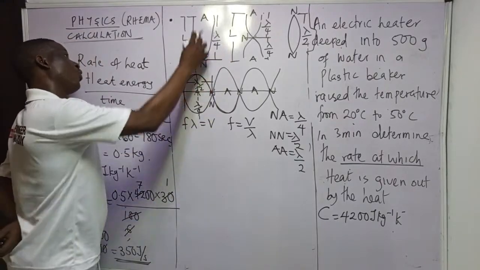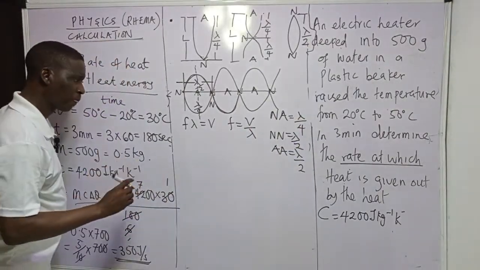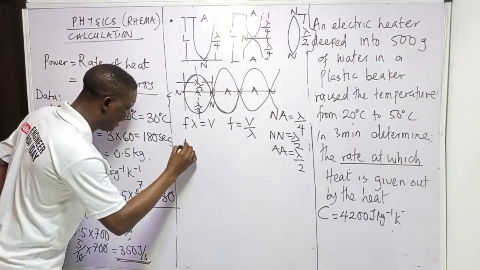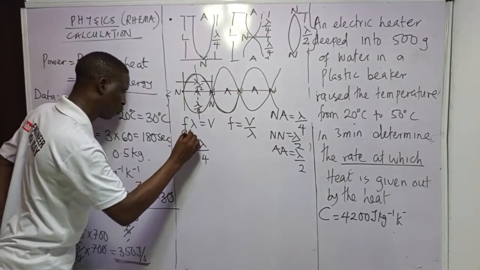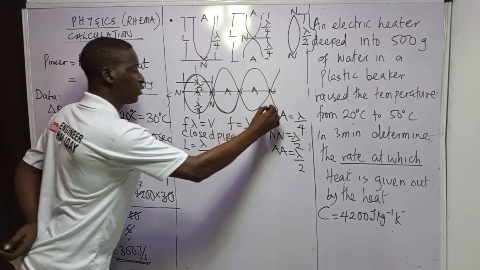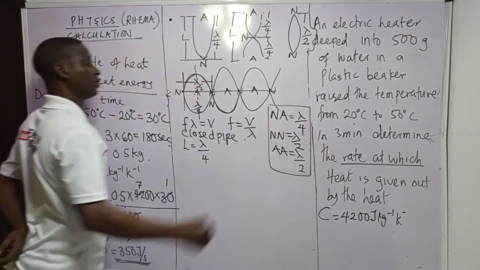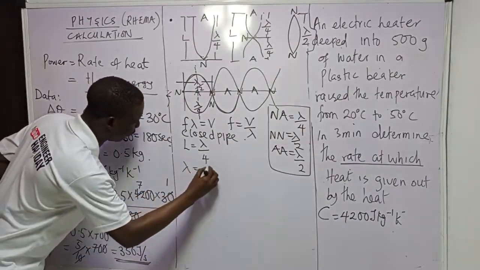So, node to antinode is lambda over 4. I just told you before. Now, listen. If the length L is equal to lambda over 4 for the closed pipe, please take note of this, very important. Lambda equals 4L.